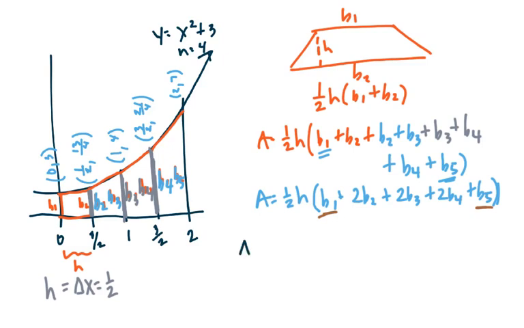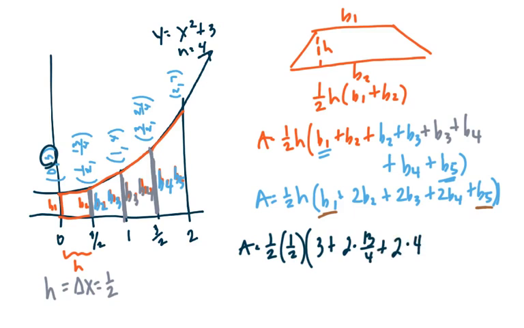Let's go back to here. We have area equals 1/2, and the height is 1/2. I tend to use 1/2 height because I'm comfortable with my trapezoid rule, and that works out easier for me. So my base 1 is my first y value of 3, plus 2 times base 2 is 13/4, plus 2 times base 3 is 4, plus 2 times base 4 is 21/4, plus base 5 is 7.